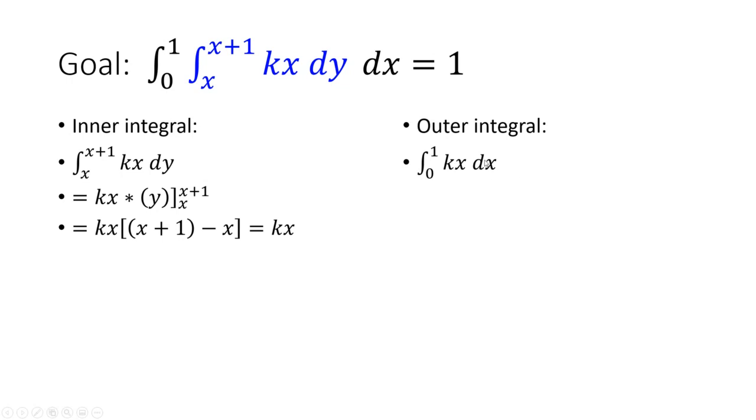So then for our outer integral, now we have the integral of k times x as x goes from 0 to 1. So our antiderivative is k times 1/2 x squared, plugging in 0 and 1. We get k times 1/2 minus 0. So the outer integral is k over 2.